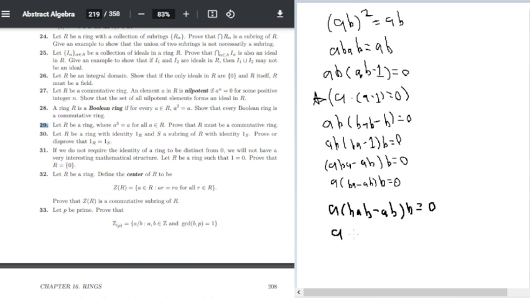So we have from here A, B, B minus 1, AB is equal to 0, which implies that AB minus 1, AB is going to be equal to 0. Does this get us anywhere? Does not look like it. Shoot.